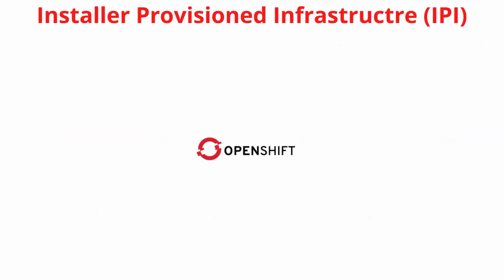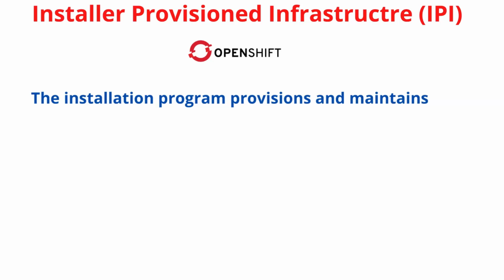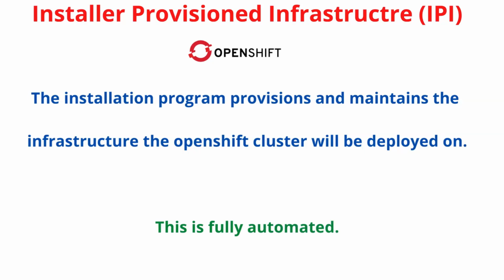From the word installer provisioned, this means that an installer program will be responsible for deploying the OpenShift cluster on an infrastructure the installer program itself will provision and maintain. This is a full stack automation process. This process is fully automated, and OpenShift manages all the cluster aspects, including the operating system itself.